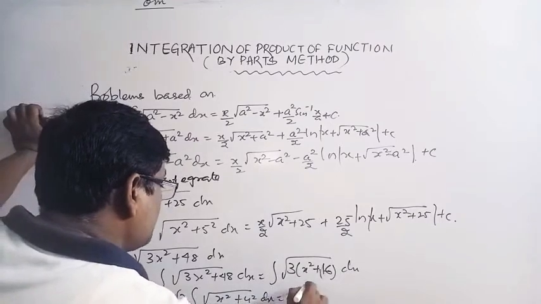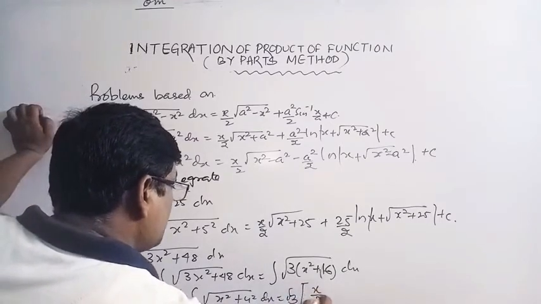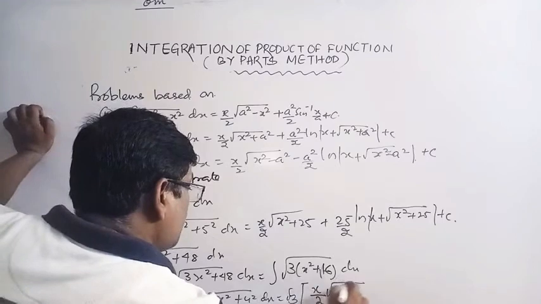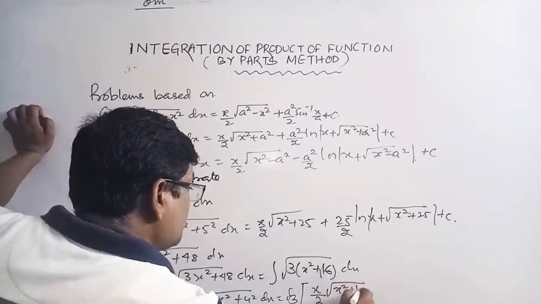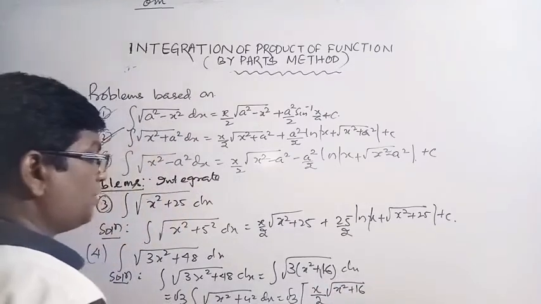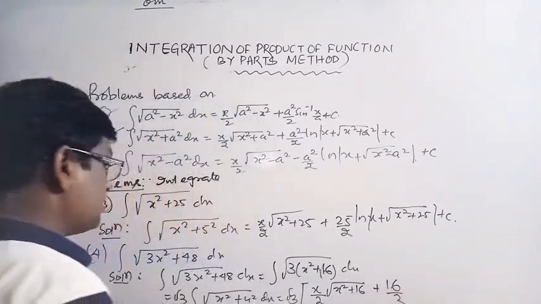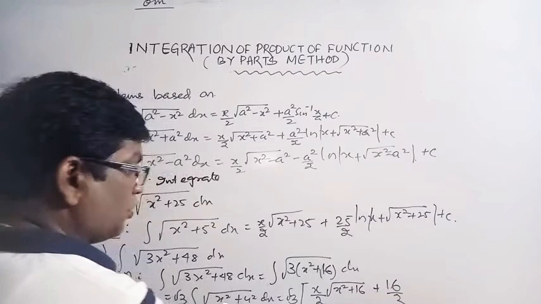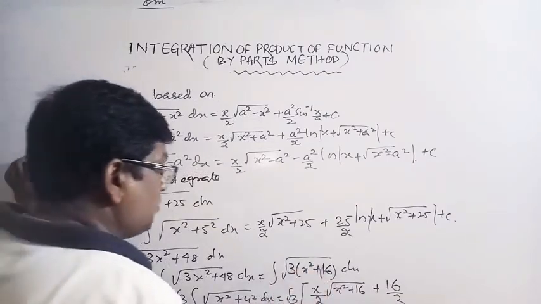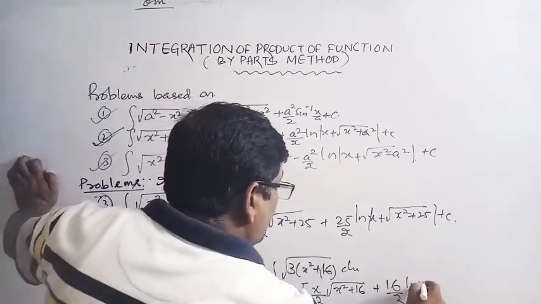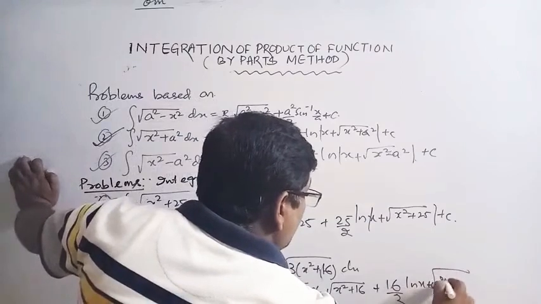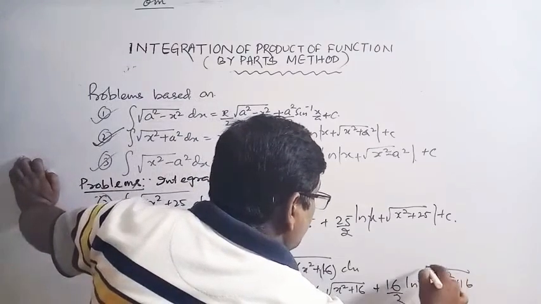So root 3 into what? x by 2 into root over x square plus a square, means 16, plus a square by 2, means 16 by 2. Here a is equal to 4. So a square by 2 means 16 by 2 into log of x plus root over x square plus 16 plus c.